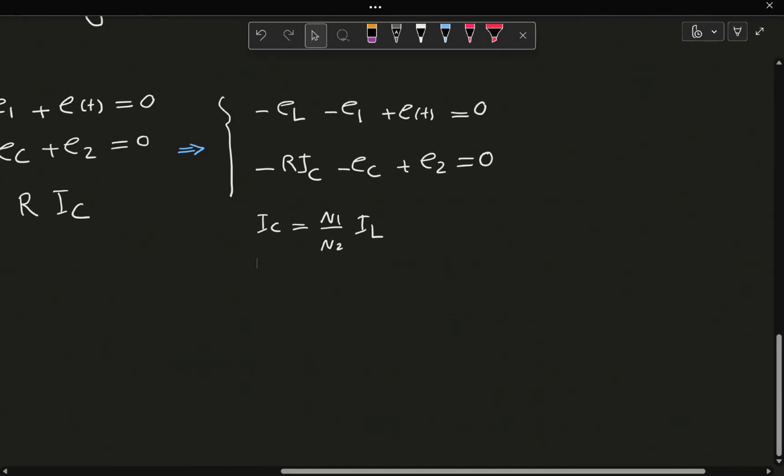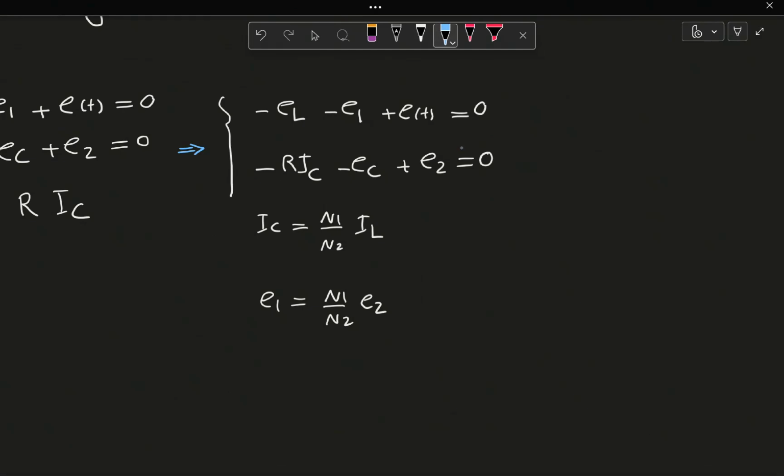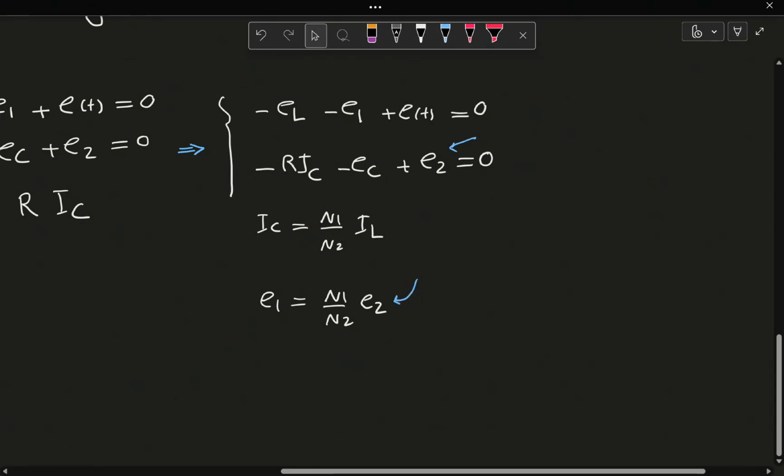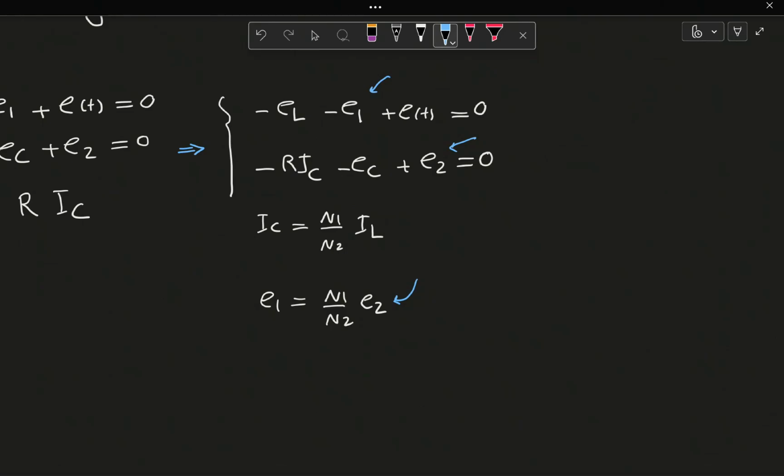Also, you guys note that there is a relationship between E1 and E2. E1 is in fact equal to N1 over N2 times E2. So from the second equation here, you can solve for E2. Then substitute in this equation, find E1, substitute E1 here, and solve the first equation for EL. So let's go ahead and do that again.